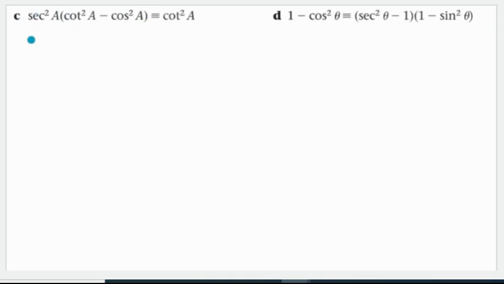So if I multiply out this bracket, I get sec squared a times cot squared a minus sec squared a times cos squared a.